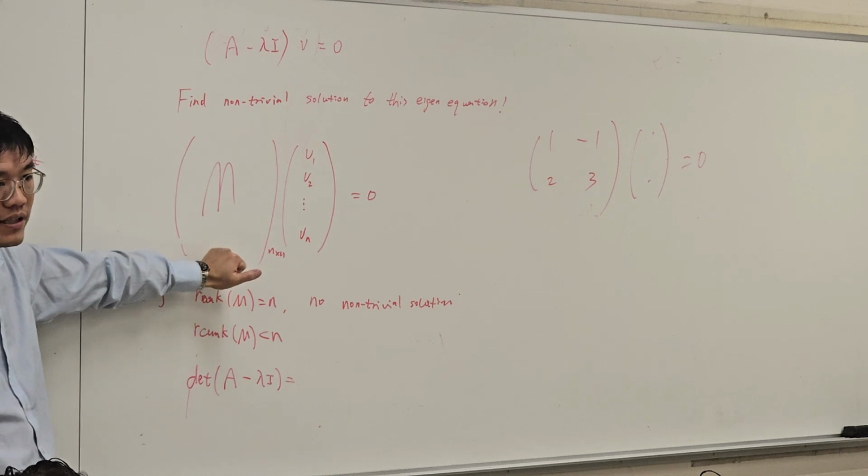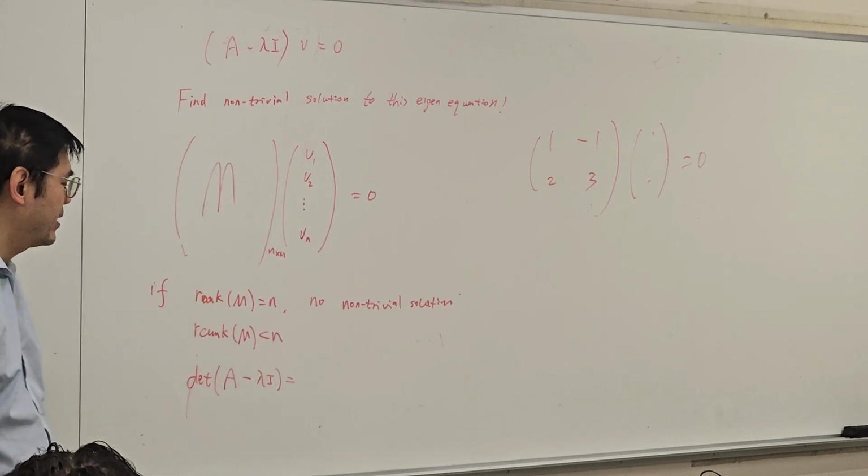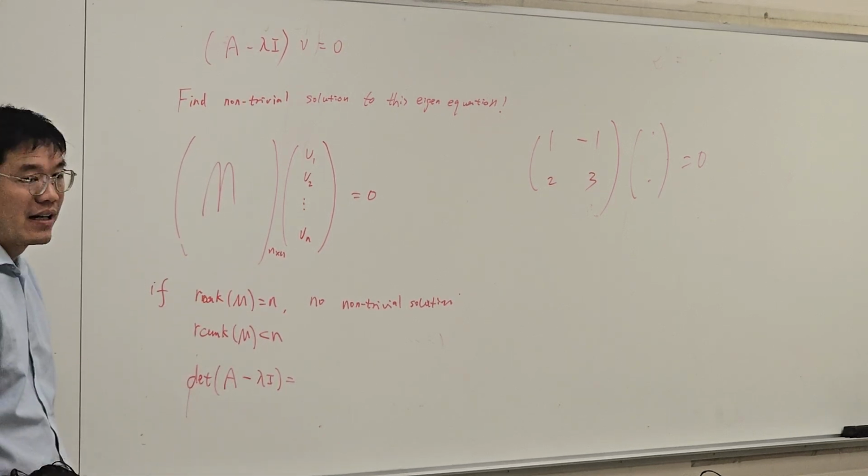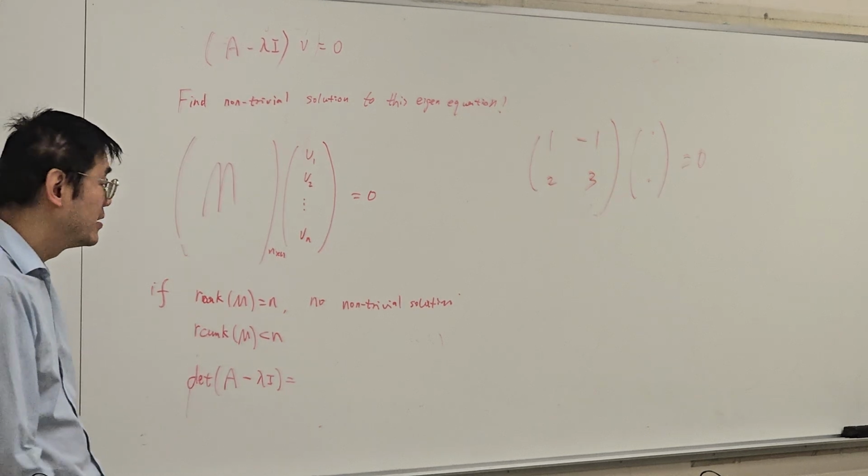If one of the rows is entirely 0, what's the determinant? 0. Yeah.